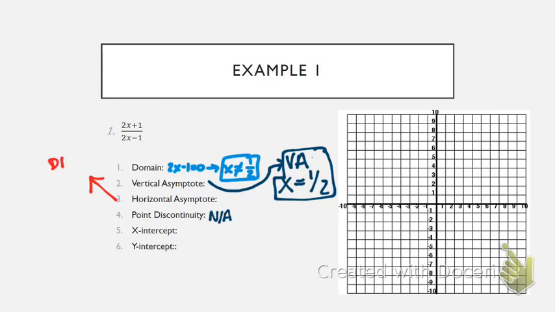The degree of the denominator is also 1. If they are the same, we divide the coefficients. The coefficient of the numerator is 2, the coefficient of the denominator is also 2, and 2 divided by 2 is 1. The coefficient is the number next to x in this case, so it's 2 for both of them. So my horizontal asymptote happens at y equals 2.